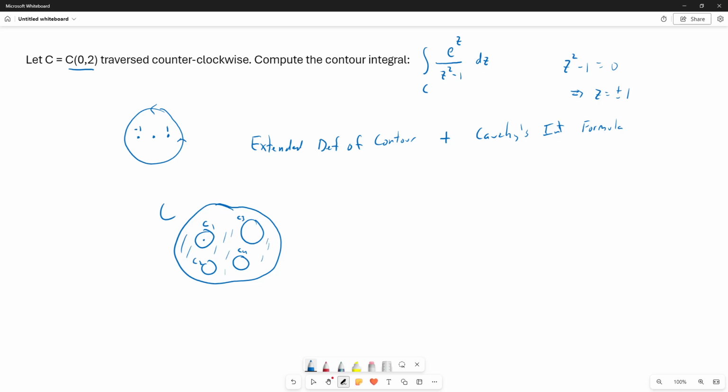So in other words, we're isolating the singularities to be inside of these circles.